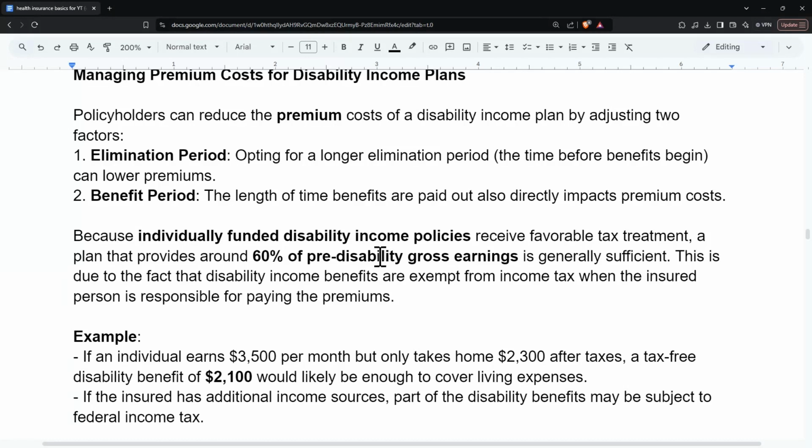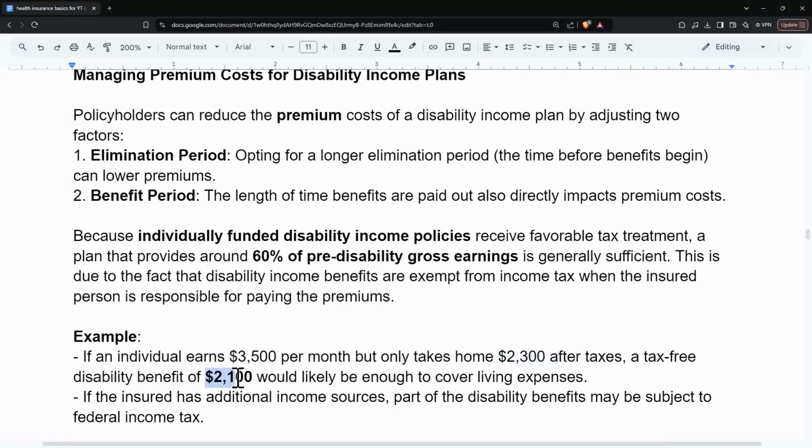So because individually funded disability income policies receive favorable tax treatment, a plan that provides around 60% of pre-disability gross earnings is generally sufficient. This is due to the fact that disability income benefits are exempt from income tax when the insured person is responsible for paying the premiums. So for example, an individual earns $3,500 a month, but takes home $2,300 after taxes.